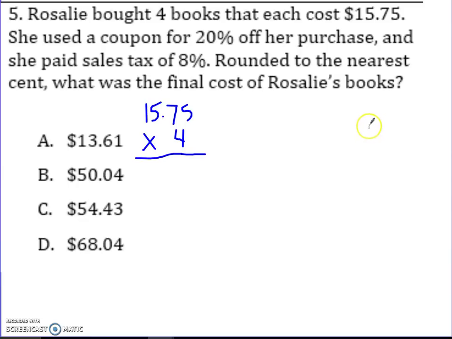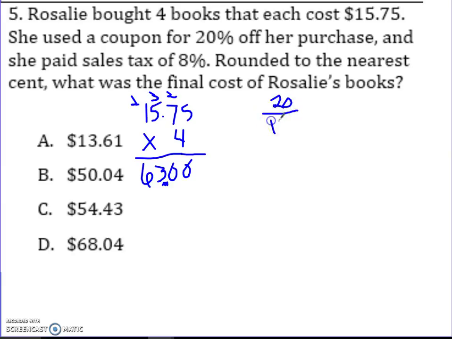Rounded to the nearest cent, what was the final cost of Rosalie's books? All right, 4 times 5 is 20. 4 times 7 is 28, plus 2 is 30. 4 times 5 is 20, plus 3 is 23. 4 times 1 is 4, plus 2 is 6. We get $63.